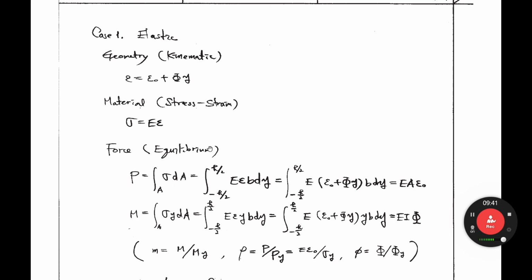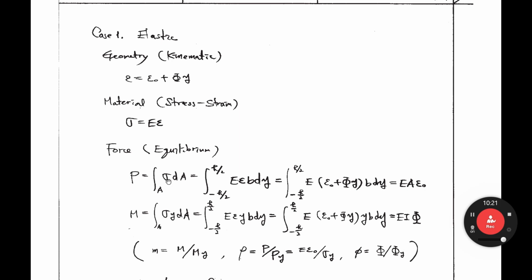Let's look at the force. P equals the integral of sigma dA, right? Sigma is stress, and the integral is regarding the area. That is P, right? So the integral from minus h over 2 to h over 2 of sigma b dy equals P, right? Here b dy means dA.